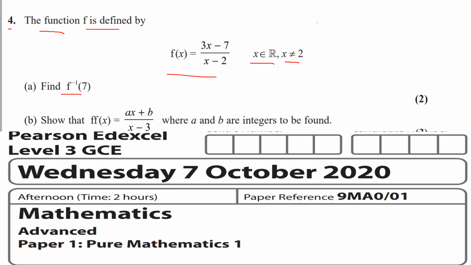Step 1, write it as y equals f of x, so y equals 3x minus 7 all over x minus 2. We're going to swap the x's and y's around and rearrange to make y the subject.